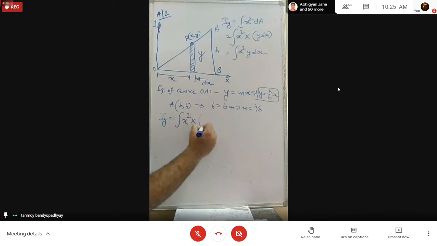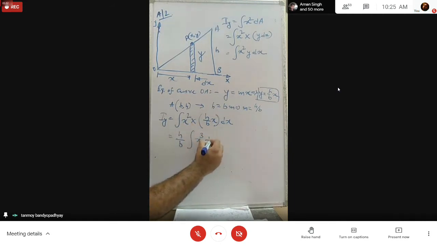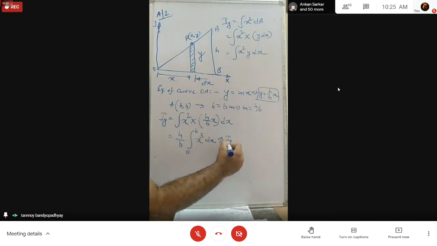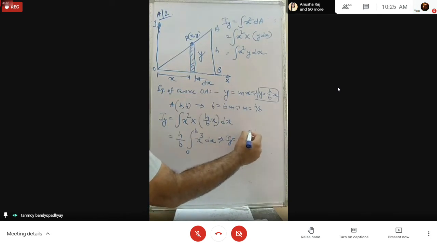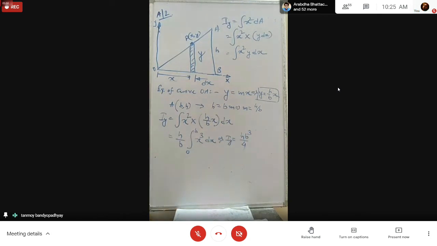So y is h by b into x into dx. h by b goes outside, so this is x cube into dx. x varies from 0 to small b. Just do this integration and see what value of Iy you get. It is h b cube by 4.